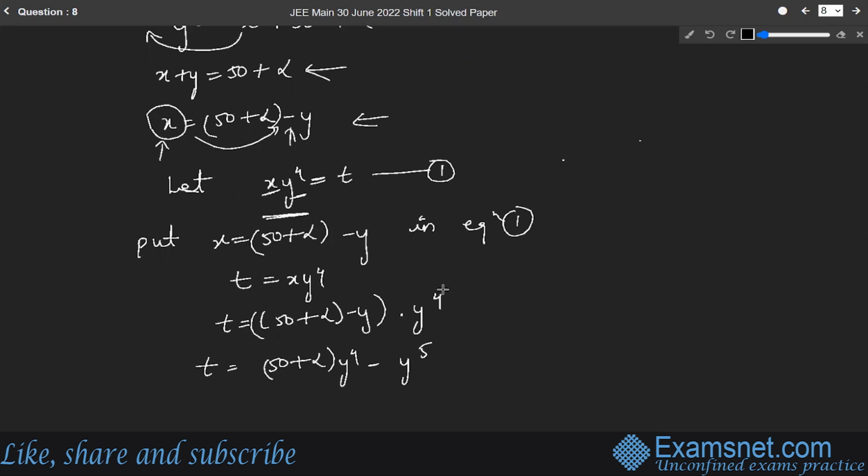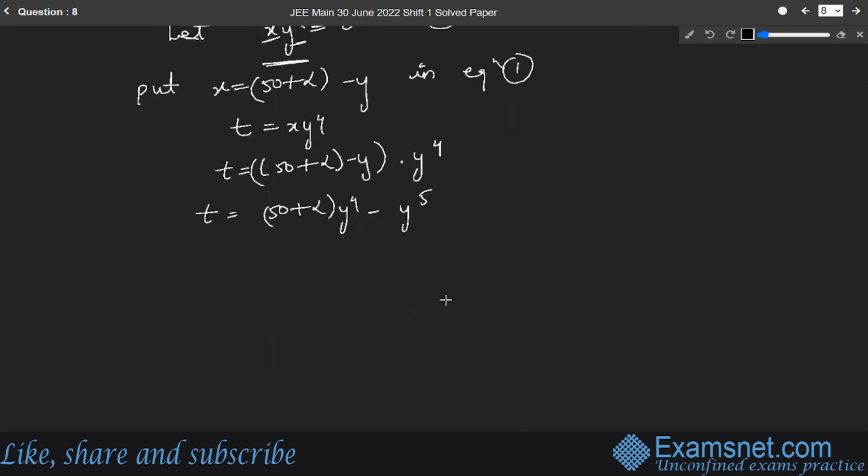Okay. So when we differentiate it, you can see that the first term is 50 plus alpha into y power 4. So 50 plus alpha is a constant, so it will come out. Okay. Now differentiation of y power 4. We have to use a formula here, which is d by dx of x to the power n is equal to n into x power n minus 1. Similarly, d by dx of y to the power 4 will be 4 into y power 4 minus 1.